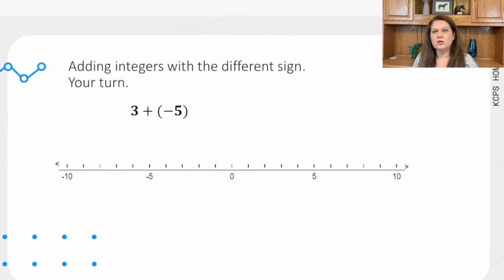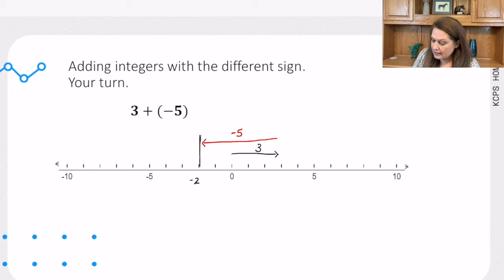Your turn, very quickly. 3 plus negative 5. How many spaces to the right? I hope you said 3. Now, how many spaces to the left? Remember, they're different signs. Positive to the right, negative to the left. We're going to go to the left 5. Notice I passed 0.